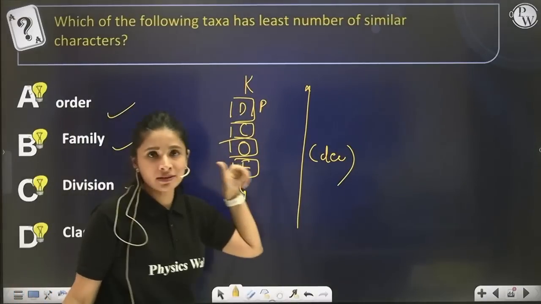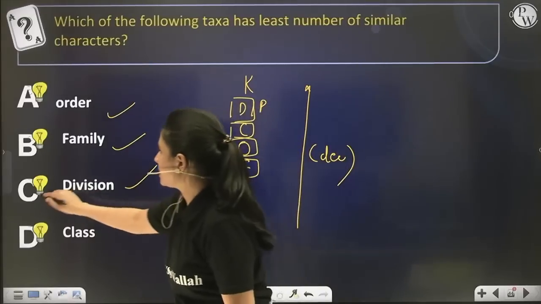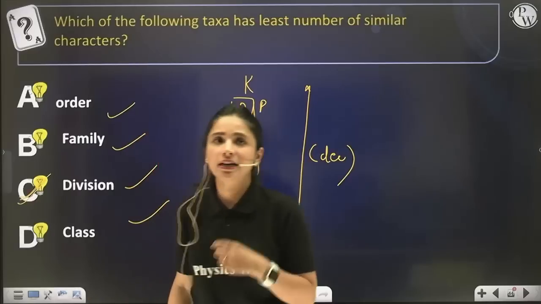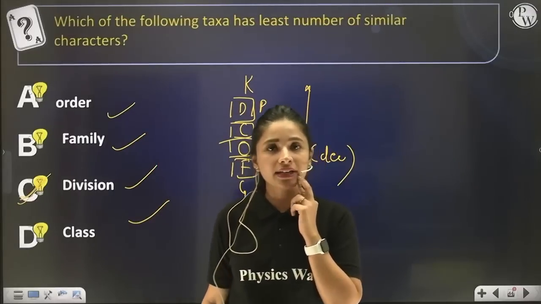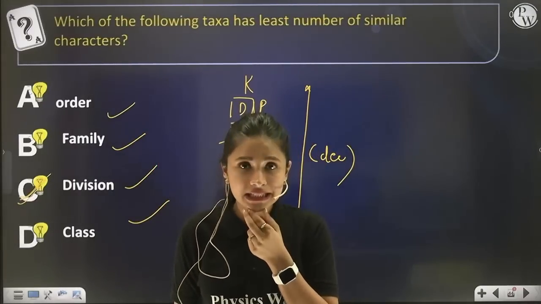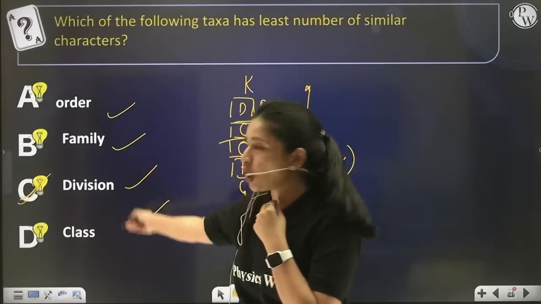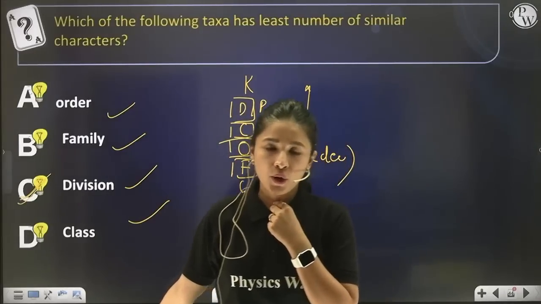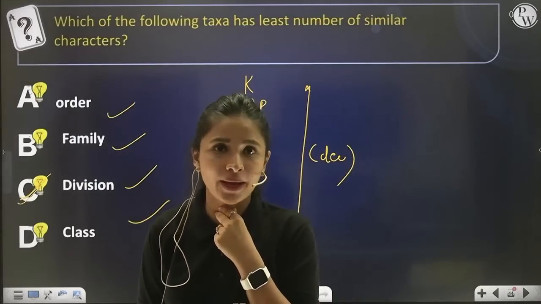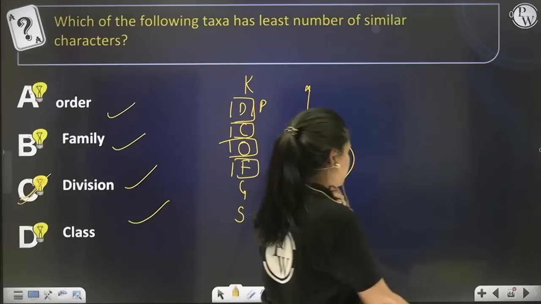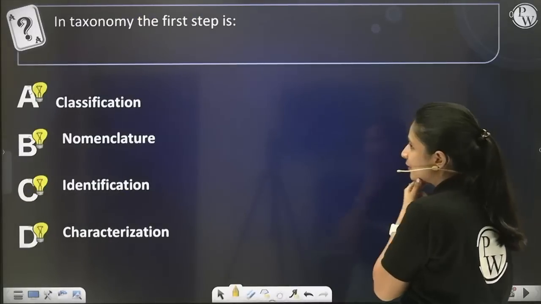So, the answer of this question becomes C. The division level of category is going to have the least number of similar characters among the options given. Hope you have understood this question as well. Absolutely great. Well done.